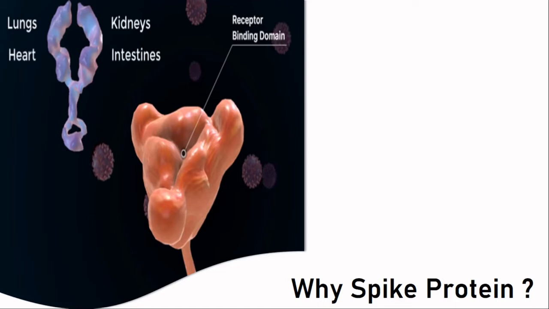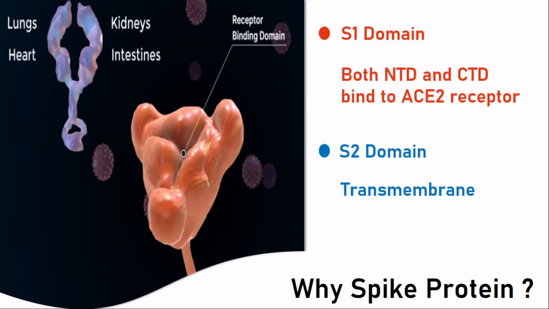Okay, so we have two domains on the spike protein. As you can see, there is the S2 domain and there is the S1 domain. If you can see this part here, which is like a stick, that part is called the S2 domain, which is kind of a transmembrane, whereas the upper one, which looks like a crown on the head, isn't it?